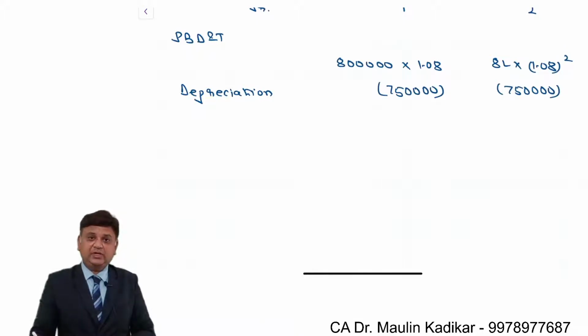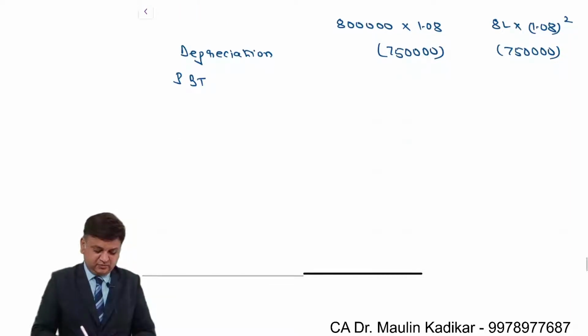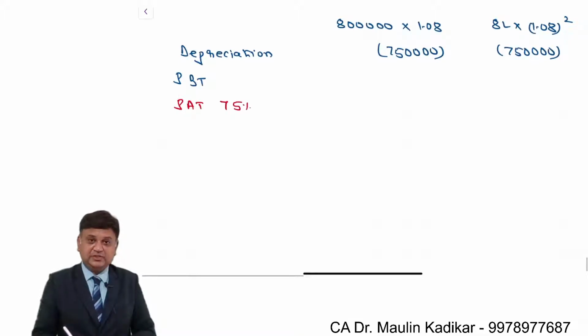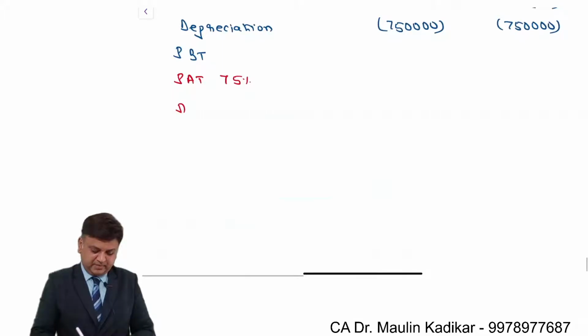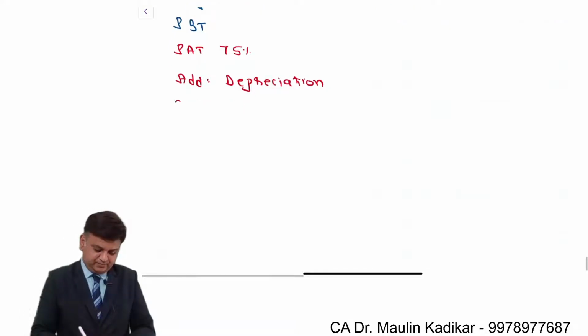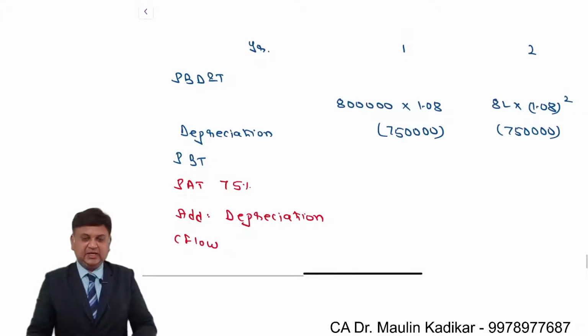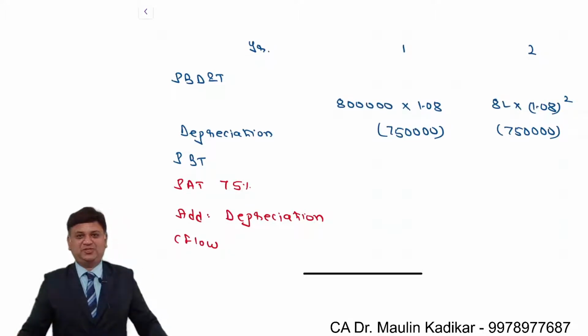From the income we'll deduct the depreciation to find PBT. Income tax rate is given 25%. PAT is 75%. Add back depreciation. So profit plus depreciation is cash flow. Year 1 and year 2 cash flow will be calculated, and with that we will make further calculation.